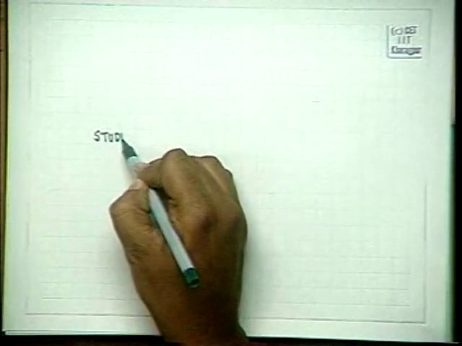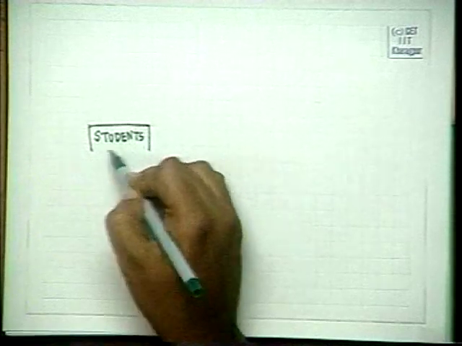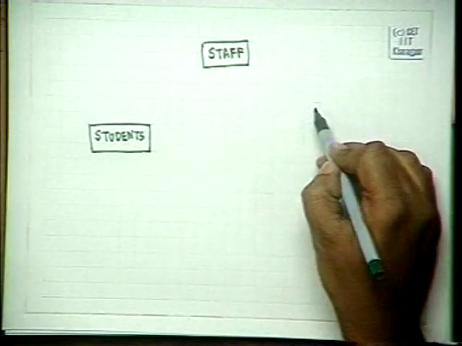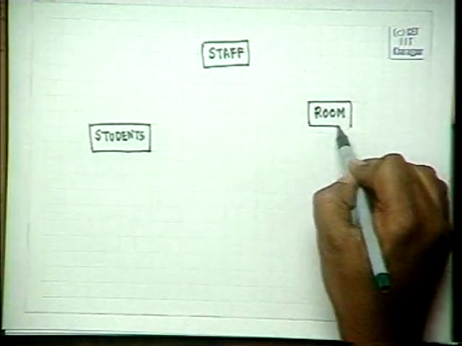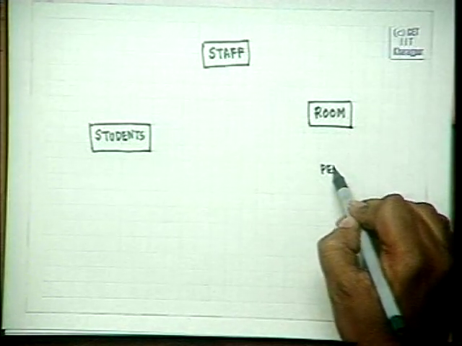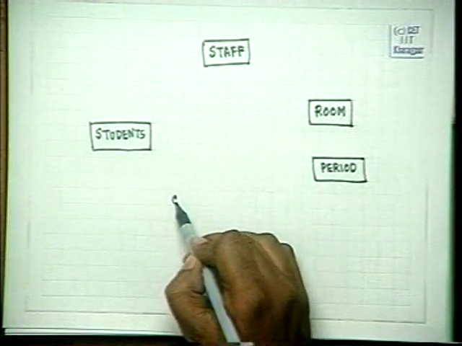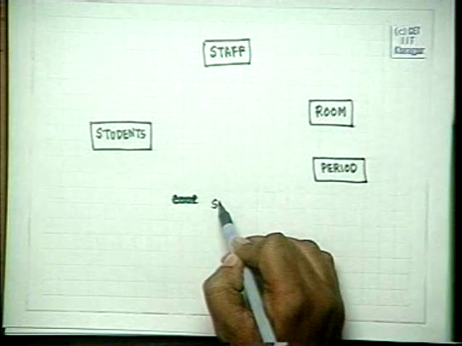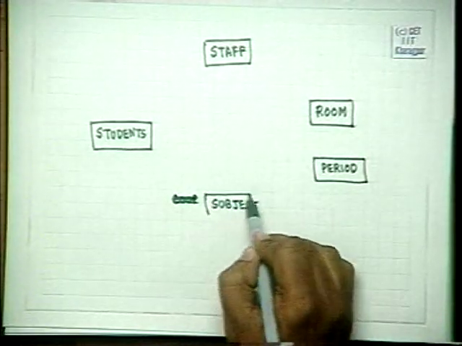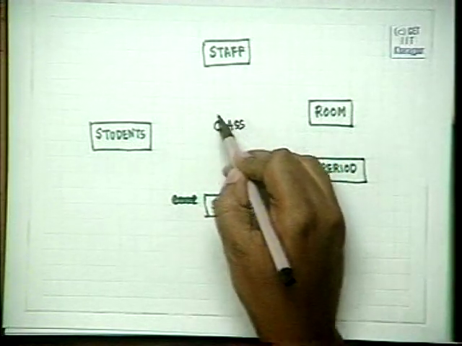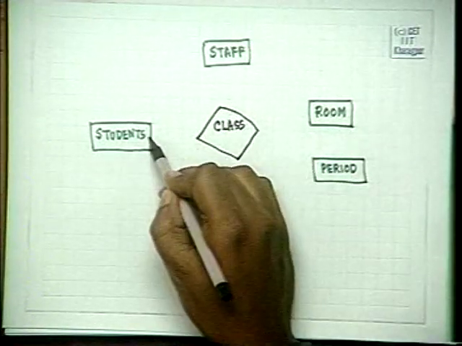Consider the case of an institute where you have got students, staff, room, period, subject, and you have got this relationship called class, because for a particular class you will need students.